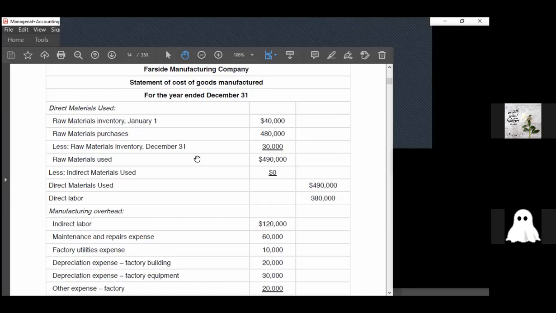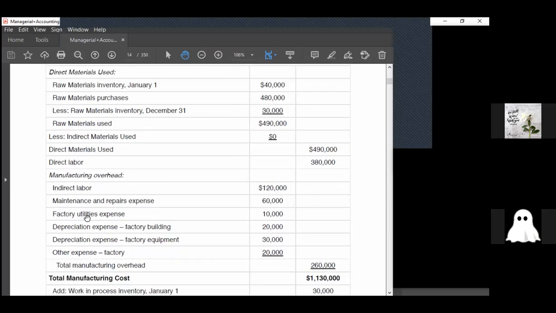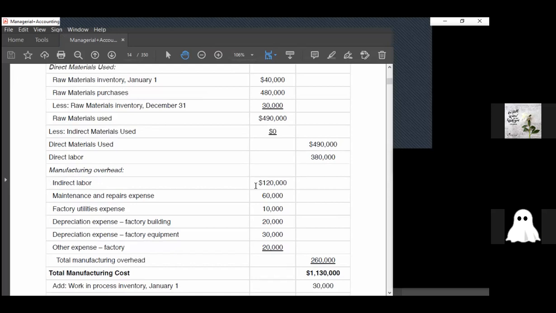Everything that you see here will be in the question, but you have to remember where it belongs in the statement. For example, you have to remember where indirect labor belongs, or where raw material used belongs, or where raw material purchases for the year belong. You just have to remember where those items belong in this structure and whether they are added or reduced.